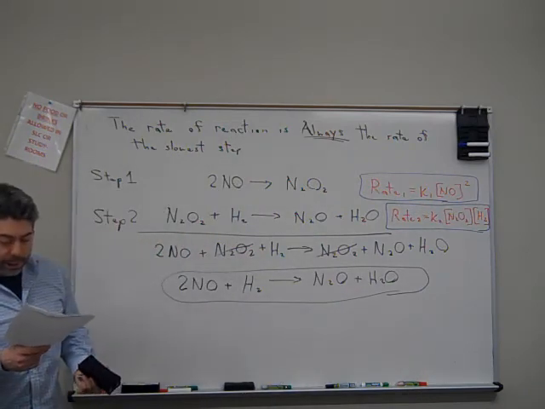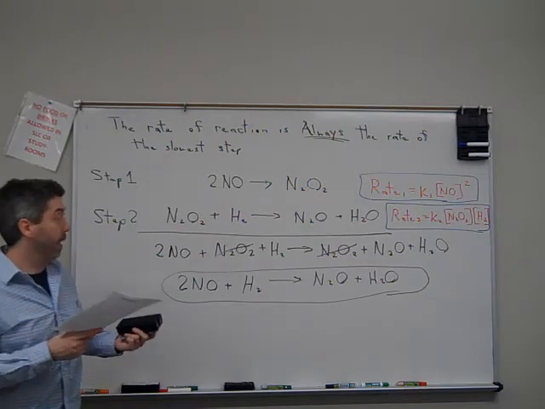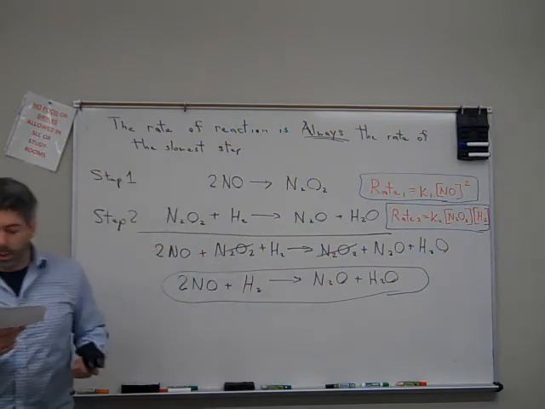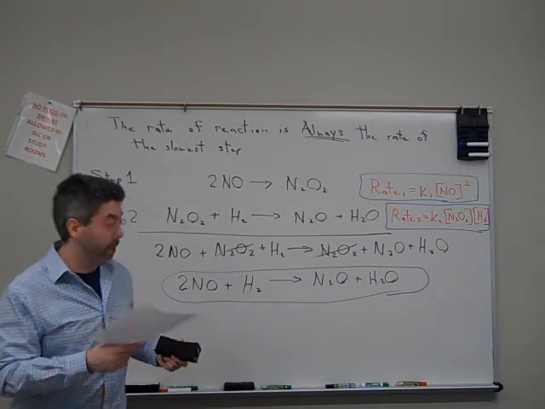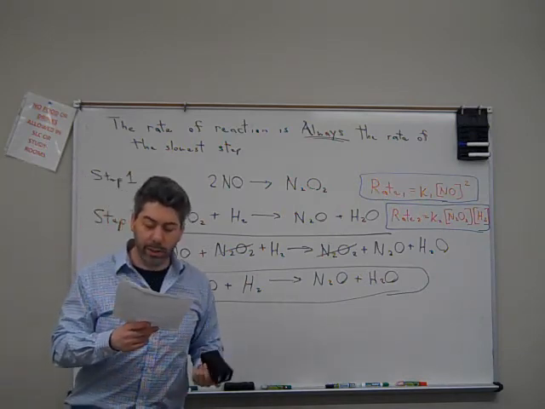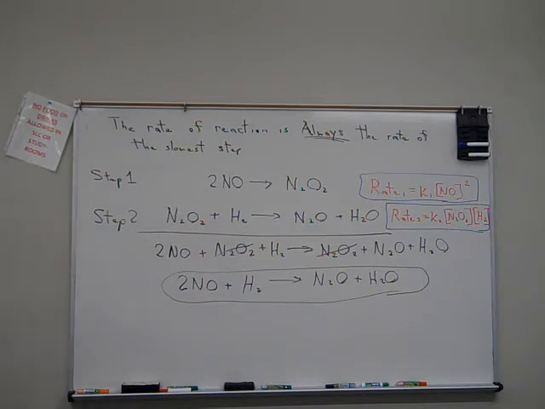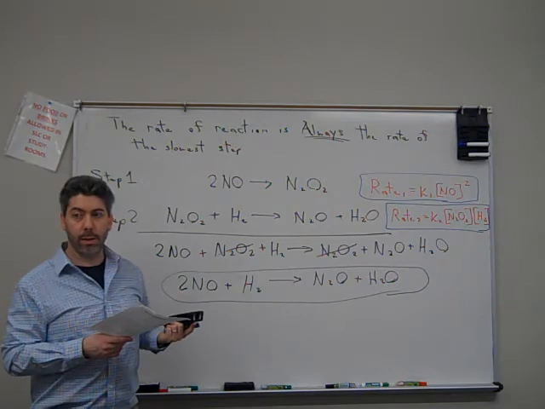Now for part D, it says the observed rate law is rate equals K times NO squared times H2. If the proposed mechanism, this step 1, step 2 mechanism, is correct, what can we conclude about which step is the fast step and which step is the slow step? First one, the fastest, and the second one, the slowest.